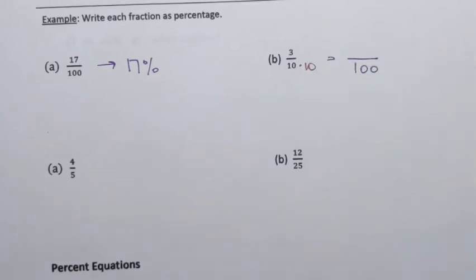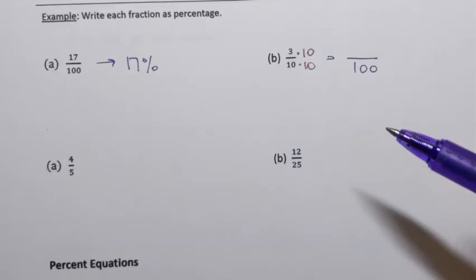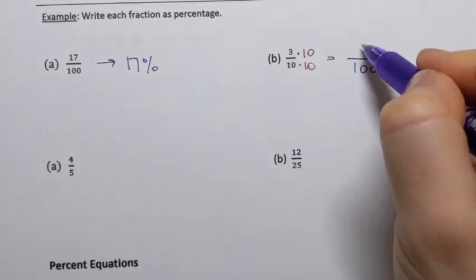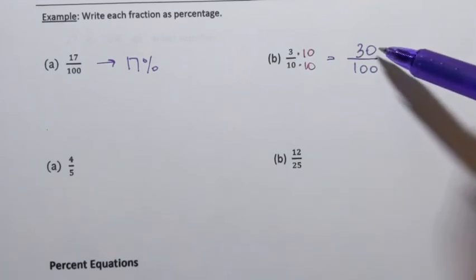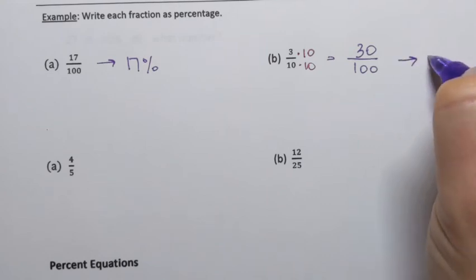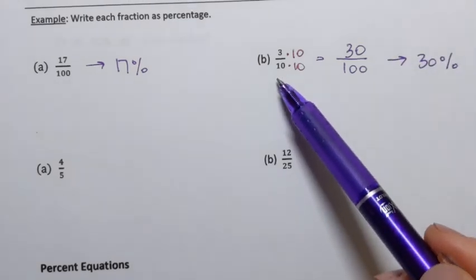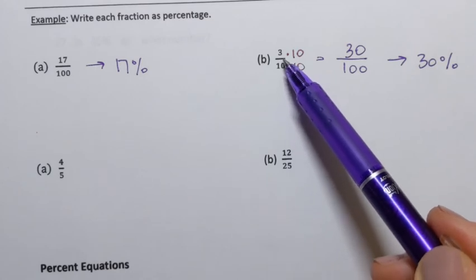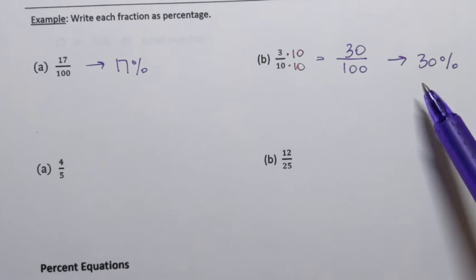So that means that I'm going to have to write times 10 in the numerator. This means that the equivalent fraction is 30 over 100. Which is the same as 30 divided by 100, and that represents 30%. So the fraction 3/10 is the same as 30%.